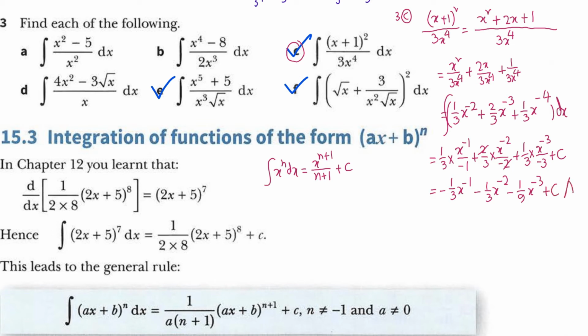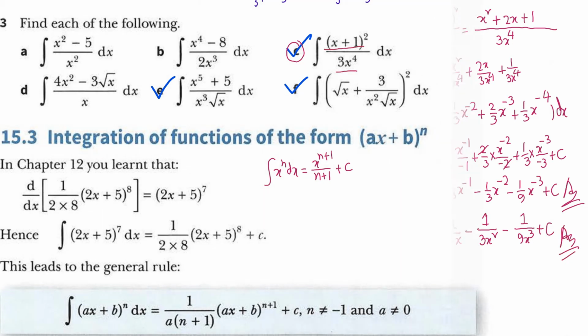We can leave our answer here. This is one stage of the answer. We also can write it like this: minus 1 by 3x, making the power of x positive, then minus 1 by 3x square, and the last one is minus 1 by 9x cube plus c. So this you can also write as the answer.